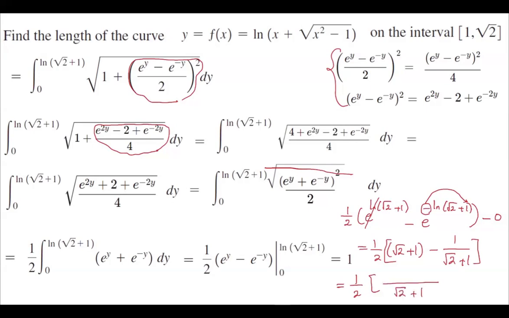Here you have square root of 2 times square root of 2, which is 2, square root of 2 times 1, square root of 2, then plus square root of 2 plus 1 minus 1, right? So these two get cancelled out, and these two simplify into 1, because here you can write it as 2 (1 plus square root of 2) divided by 2 times (square root of 2 plus 1). Can cancel out 2 and 2. Can cancel out 1 plus square root of 2 and square root of 2 plus 1. That's how you end up with 1. So the length of this curve is equal to 1.